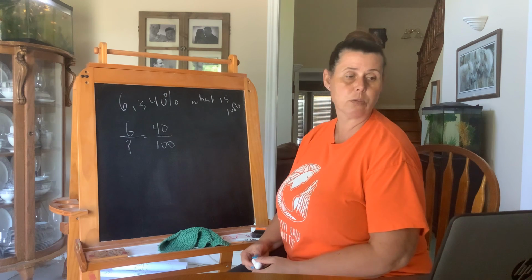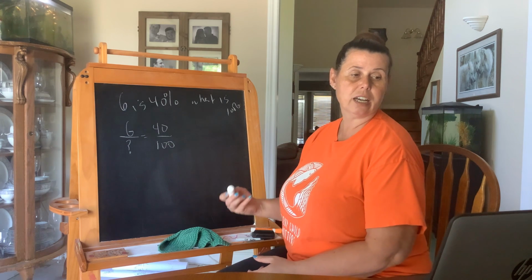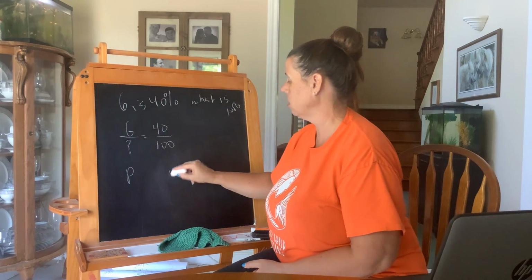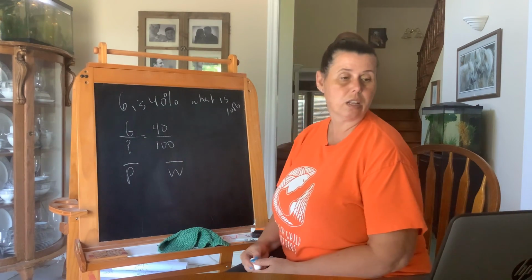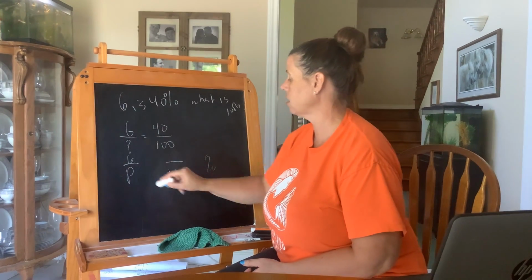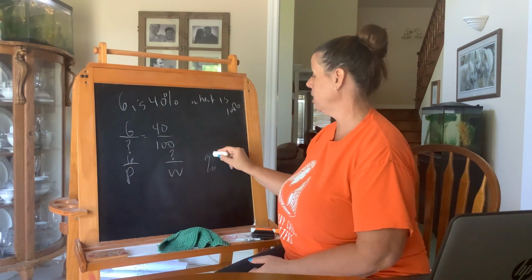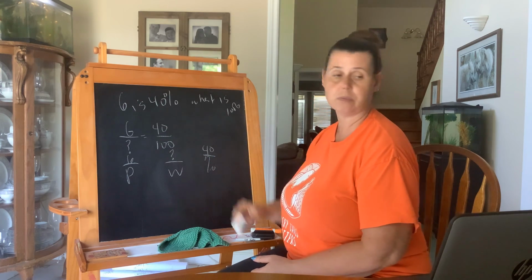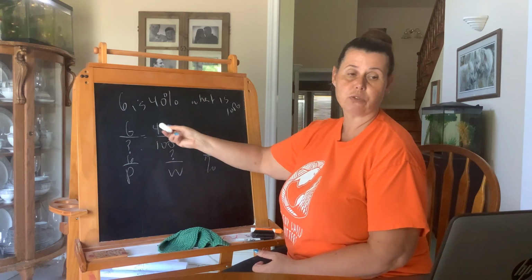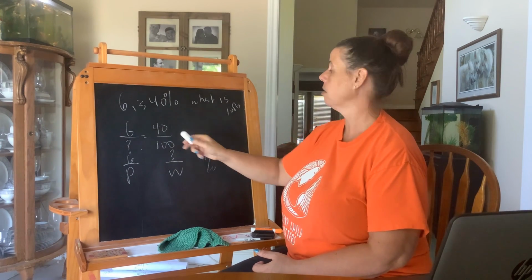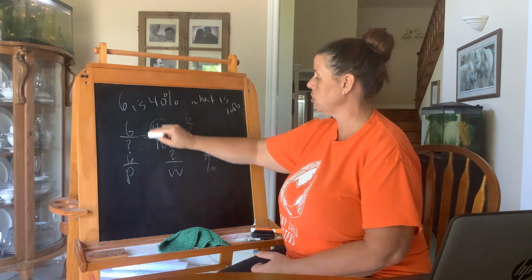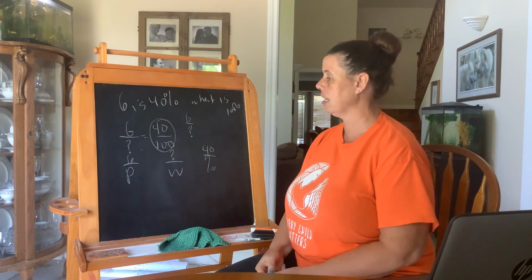So let's see what we can find. They've got it as part, whole, and percent. So the part is 6, the whole is, I don't know, and the percent is 40, right? So 6 over something equals 40 over 100. We've got to get it lower.